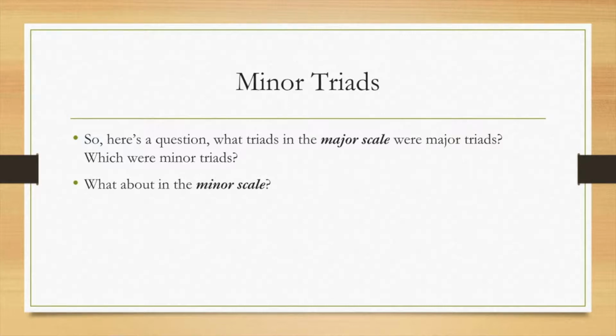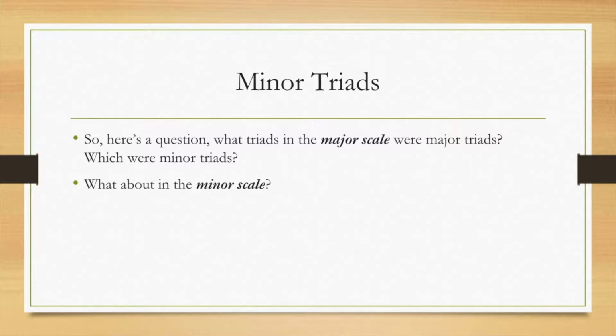You all are probably saying, Mrs. Hinkley, I don't understand what you were talking about. Remember when we talked about major scales and we put diatonic triads on each one of the scale tones? We had the 1 chord, which sounded like this, and that was a major triad. So we put a capital Roman numeral 1.